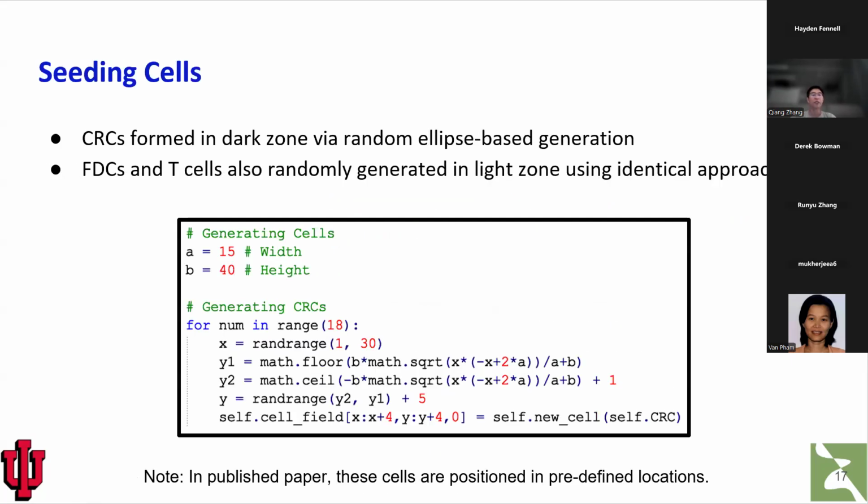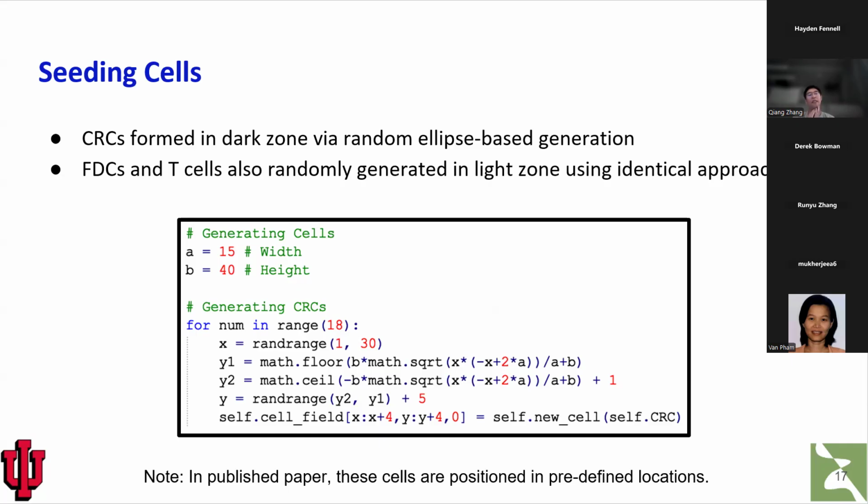All right, so here is the seeding. Here we showed you how we seed these simulations with initial cells. For the CRC cells in the dark zone, we do this via a random ellipse-based generation.